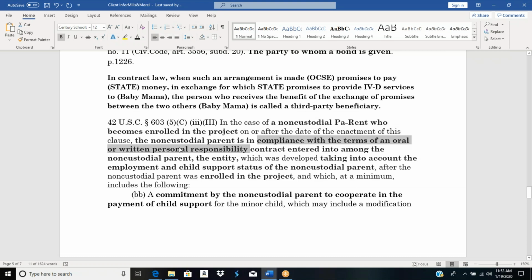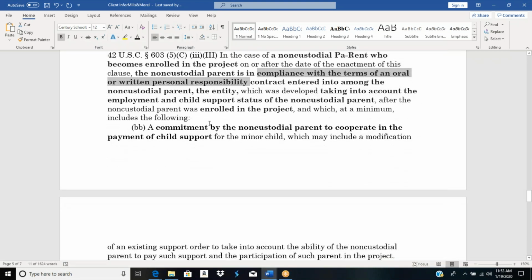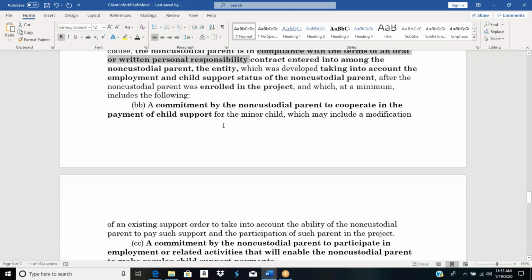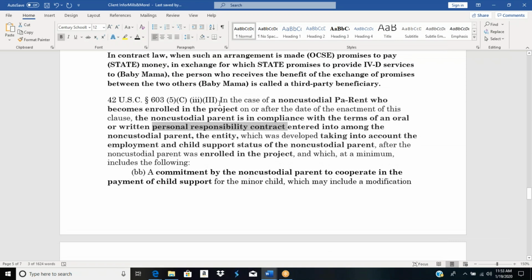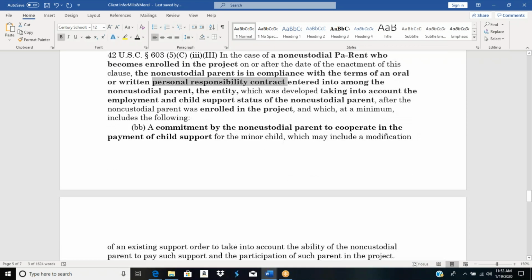All right. Now, under the terms, these are the terms. A commitment. These are the terms of this personal responsibility contract. All right. And again, gentlemen, don't take my word for it. Look it up. All right. These are the terms. A commitment by the non-custodial parent to cooperate in the payment of child support.